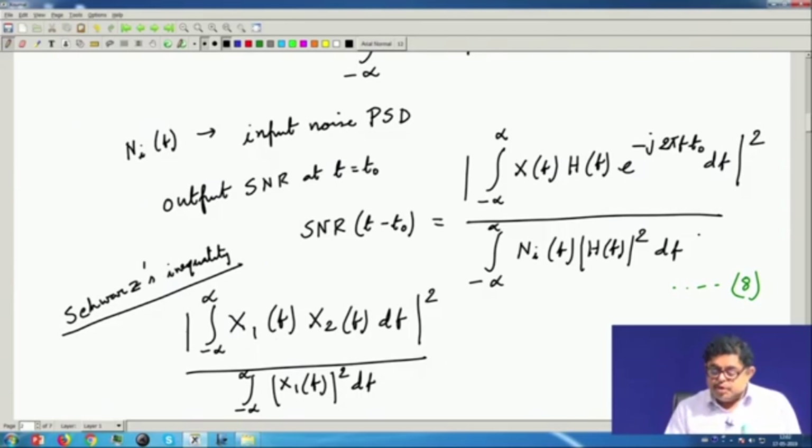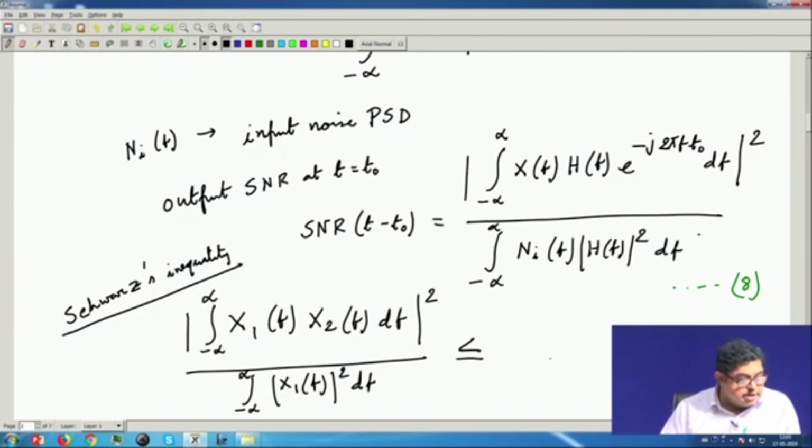That means the integral of the product of two complex functions over the whole range of f, squared, divided by another infinite integral, has this upper bound.